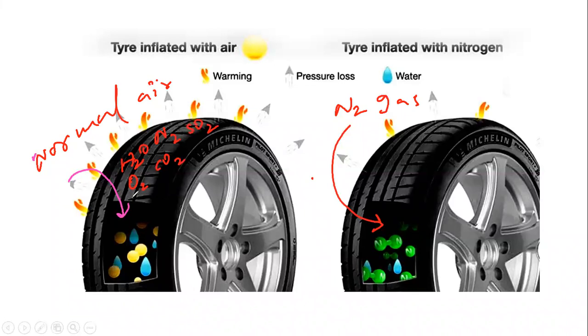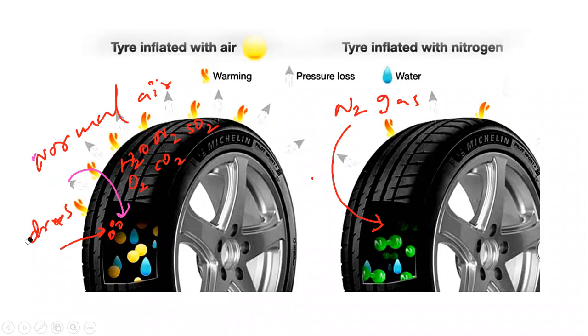Therefore, the normal air that you pump into the tire contains many other gases. Those gases can react with the metal wires in the tubeless tire. It can undergo corrosion, or the lifetime of the tire decreases, because at night when it's raining or when outside is cooling, inside water droplets can be formed, like early morning you can see droplets of water on the windscreen.